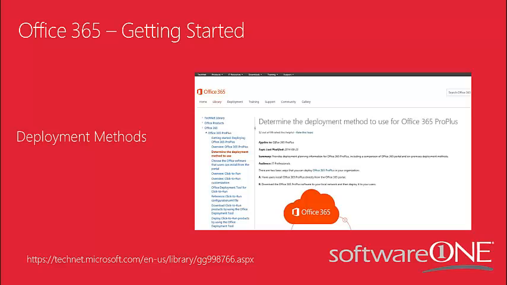I can also install Office 365 on a terminal server or a remote desktop server or a Citrix server, or even a non-persistent VDI environment. I have the ability to deploy it that way, and the terminal server and VDI has another couple of steps that I have to take to configure it so that it doesn't take out all of the subscriptions, and we'll get to that here in a little bit.